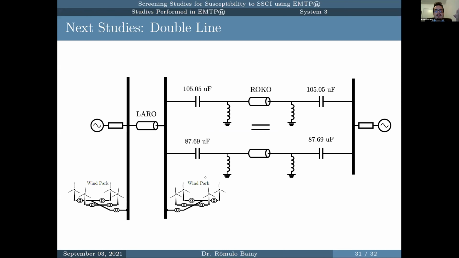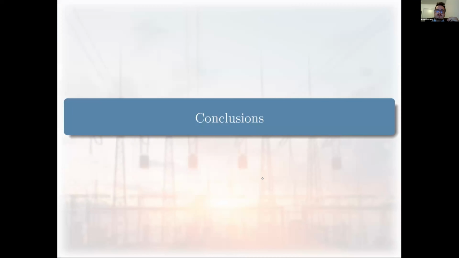So you can see that in this situation, because we have a double circuit line and different compensation levels, we are going to have a different frequency response of the grid, more resonance frequencies, and depending on which of these lines, maybe one of these lines is disconnected because of a fault or because of maintenance. So all those situations you need to study to see if your system is susceptible to SSCI or not. And we are going to study this system as well.